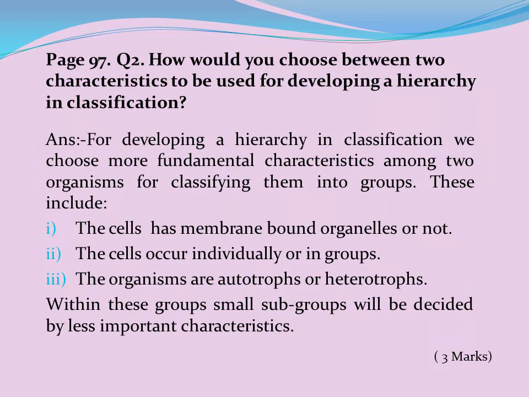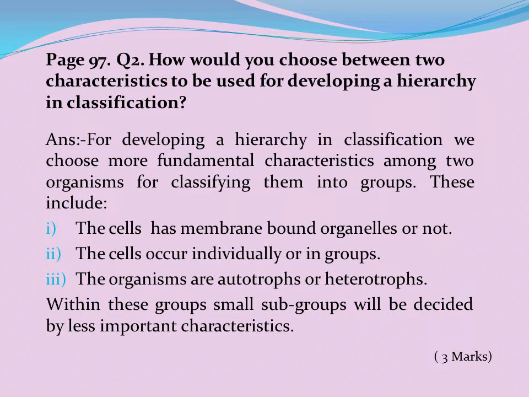Page number 97. Question number 2. How would you choose between two characteristics to be used for developing a hierarchy in classification? Answer. For developing a hierarchy in classification, we choose more fundamental characteristics among two organisms for classifying them into groups.